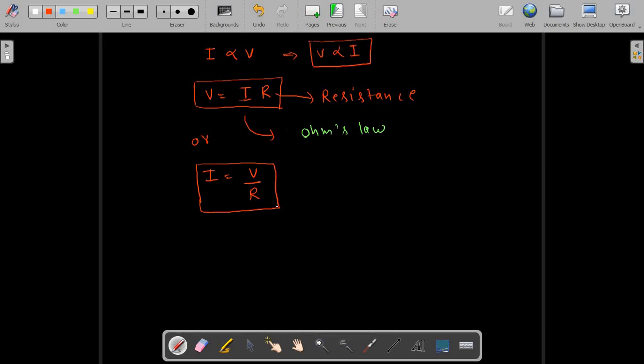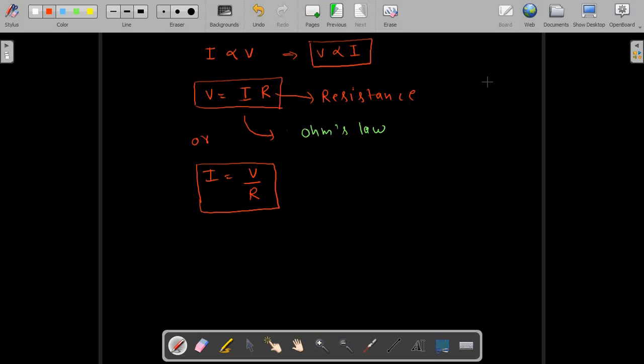The first experiment was done, and they found that I is proportional to V, but there is some constant as well, that was resistance. When they started experimenting with different values of resistance, it followed this relationship, so they called this Ohm's law.